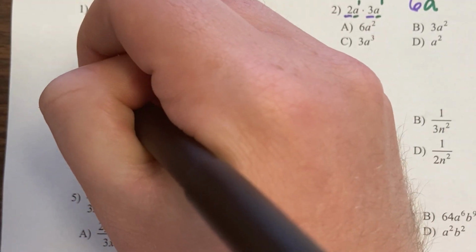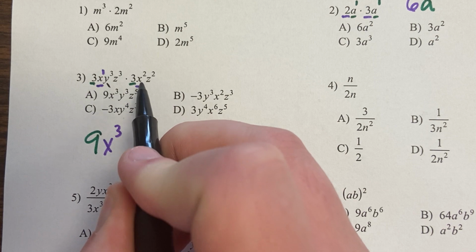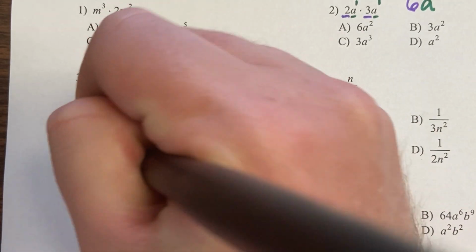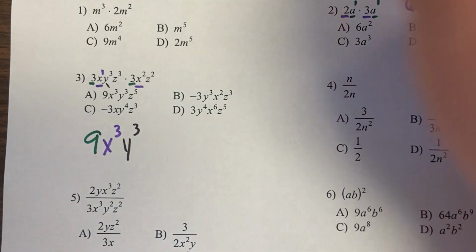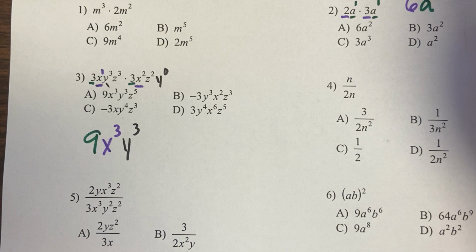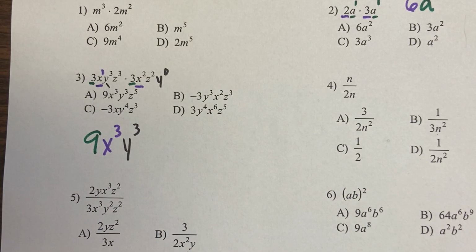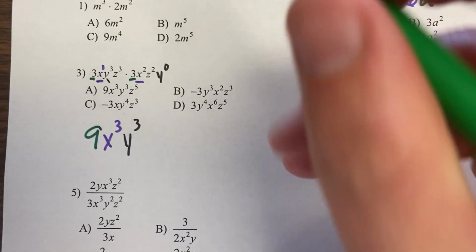Let's look at the y's. So this has a y to the third. This doesn't have a y, so we're just going to copy down that y to the third. We can say y to the 0. So 3 plus 0 is going to stay at 3. But we don't see anything, so make sure we don't just ignore it. And then lastly, we've got some z's.